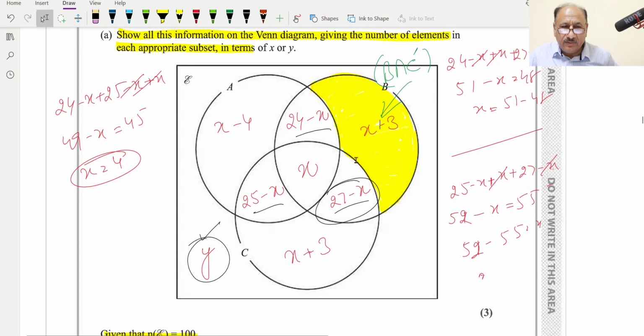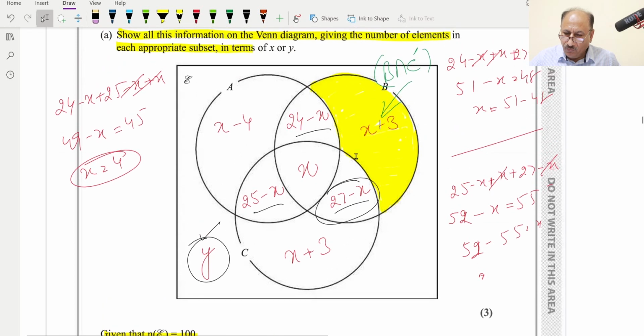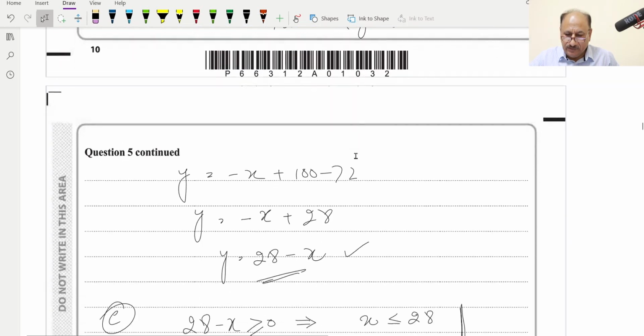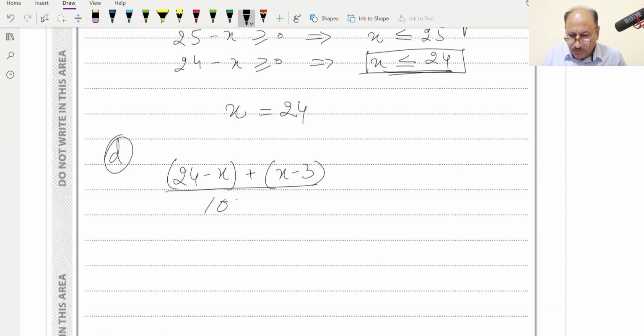So we will be writing 24 minus x, this one plus this one. I will form the equation: 24 minus x plus x minus 3 over 100.